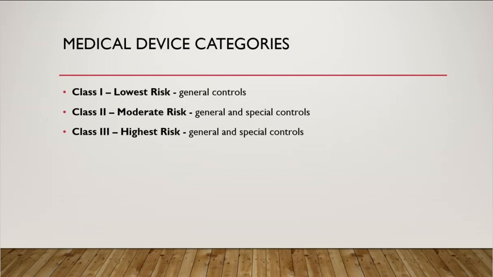And a class 3 device is a heart valve, for example. So you got 3 categories, 1 through 3, 1 being the lowest and 3 being the highest. And the higher you go, the more stringent the controls are.